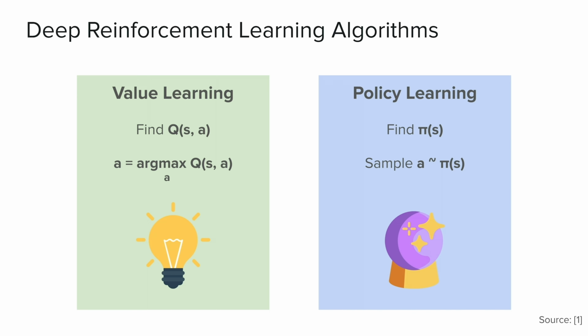Whereas a policy learning algorithm would say, please directly learn the policy which says which action I should take. So we learn a probability distribution of actions, and then we sample from that probability distribution, which, if it learns the perfect underlying distribution that always says which step to take, will give us the perfect outcome.